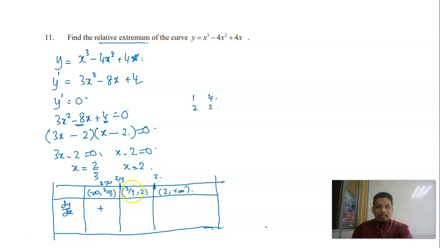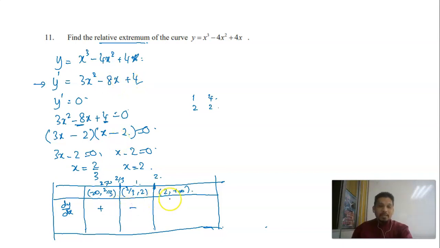Okay, and then between 2 over 3 until 2, make it 1. Let's say x equal to 1. So substitute 1 into y prime or dy/dx here. So 1 squared is 1. 3 minus 8 equal to negative 5. Plus 4. Negative 5 plus 4 equal to negative 1. Negative.